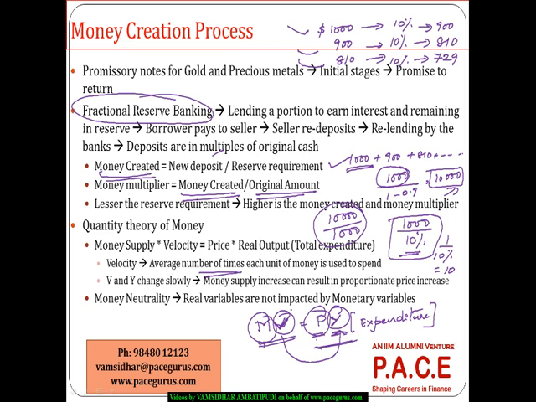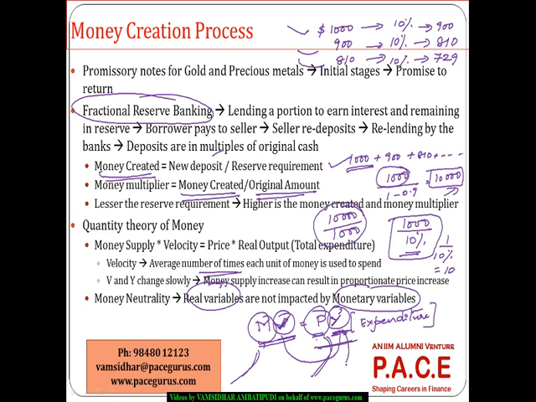So the real variables should not be impacted by the monetary variables. Here we see M and P are related to the monetary variables. Money supply is a monetary variable. Price is in terms of money, so it's a monetary variable.